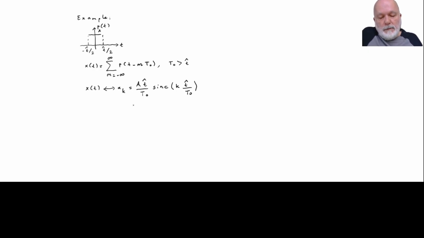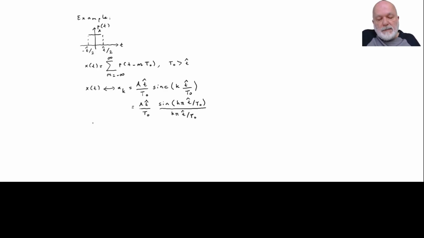If you wish, we can write down the expression of sinc just to remember what we mean by the sinc function. It is sine of k pi t cap over T0 divided by k pi t cap over T0.